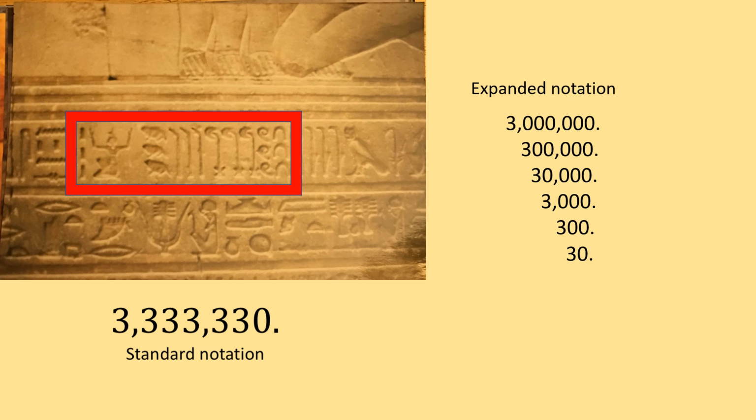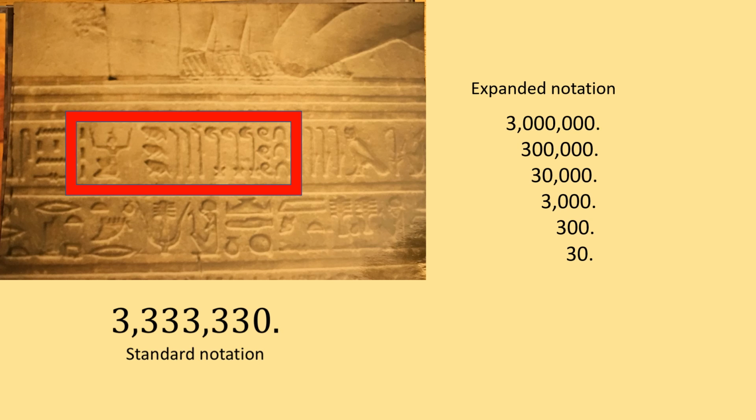Earlier in 2023, I did a lesson, lesson number 5, where I shared the above information and more information on the applications of the numerical system. So here's a clear example of the Medu Neter numerical system, where we see the symbol for 3,333,330 represented on a column.